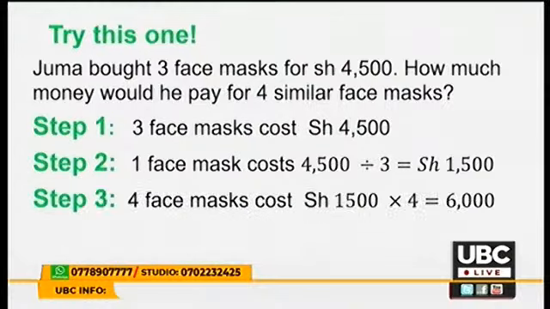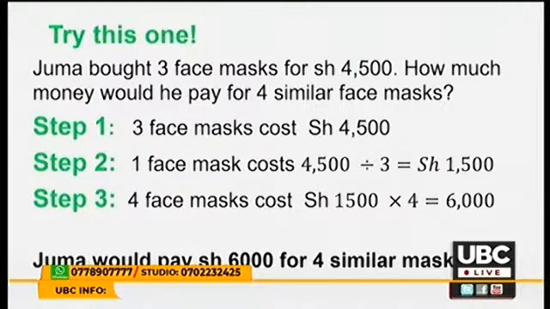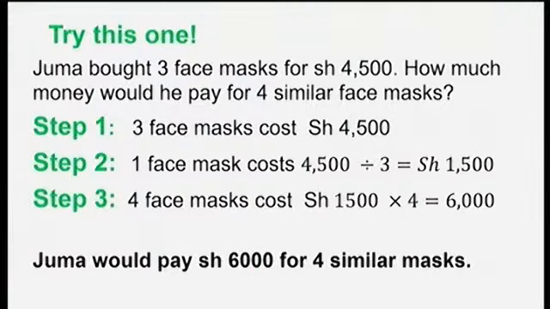So in step 3, we are going to multiply the cost of one similar mask, 1,500 shillings, by 4, and we shall get 6,000 shillings. Don't forget, we need to conclude. Juma would pay 6,000 shillings for 4 similar masks.